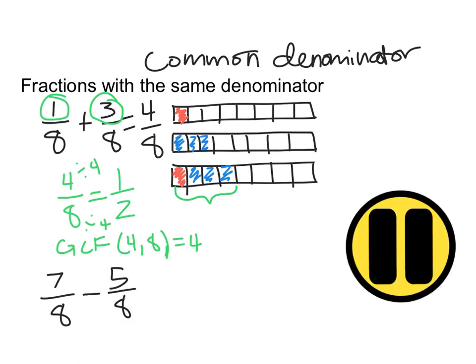Okay, so now we're going to do 7/8 minus 5/8. I want you to pause, see if you can figure it out, and don't forget to simplify your answer if possible at the end.